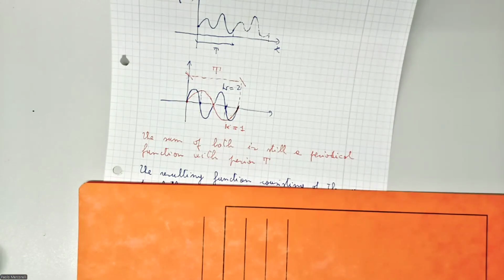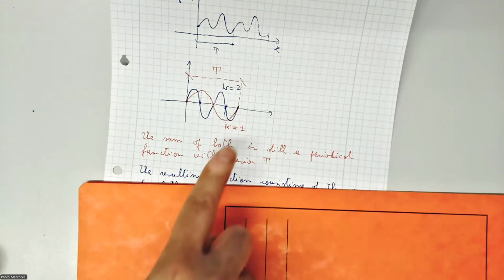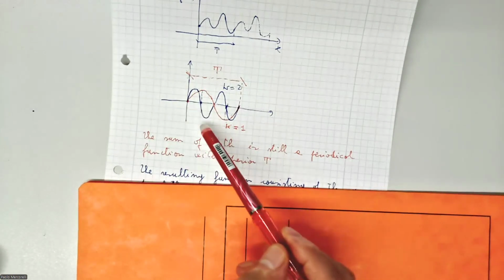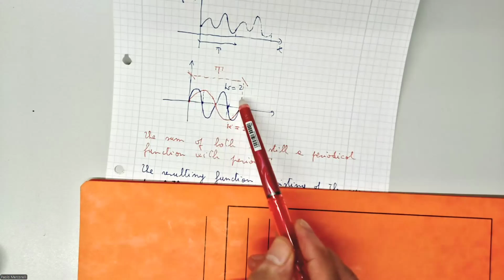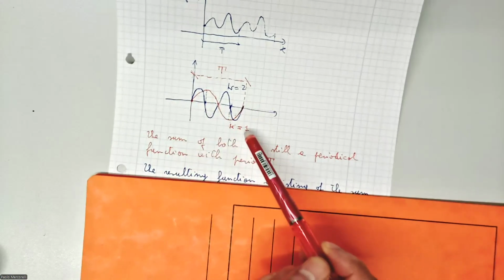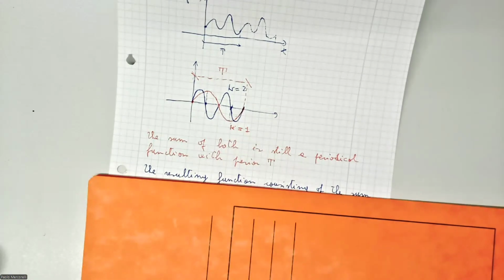I told you we have just 4 trigonometric functions. Exactly what I am telling you here, consider just sine in order to understand. We have a blue sine characterized by k equal 2, and we have a red sine characterized by k equal 1. You can do the same concept, the same idea, the same analysis for cosine, but I put just one to be a little bit more clear.